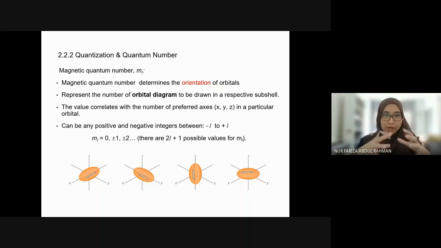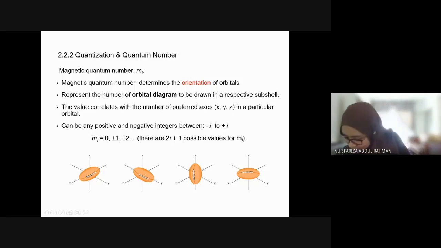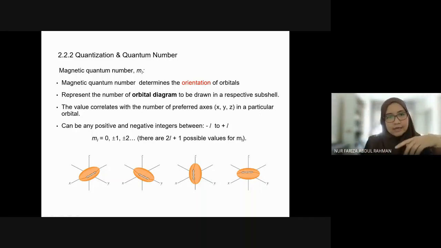Remember, we have so many elements in the periodic table, and each element has its own electrons. So how do we assign the coordinate of the electron? For example, sodium has 11 electrons. Sodium atom has 11 electrons.